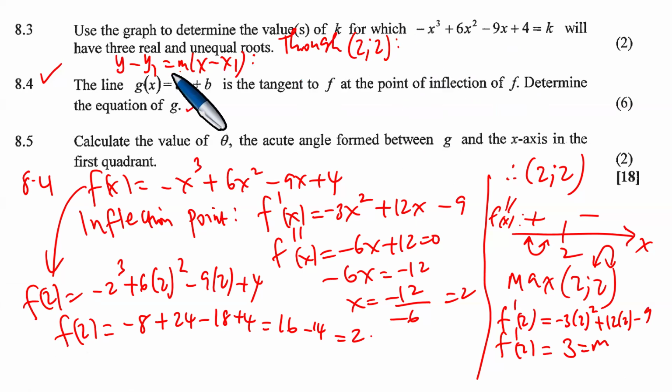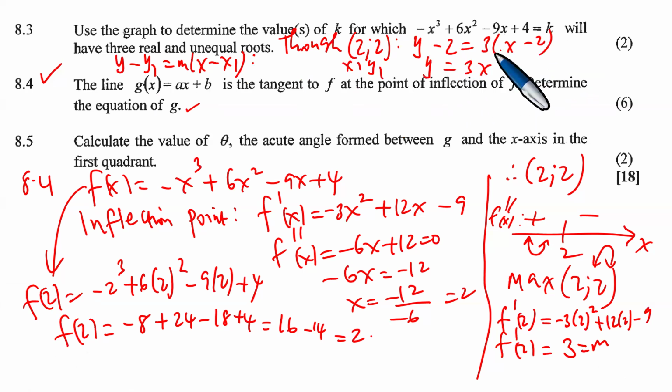So if this one is x1, y1, it's y minus 2. The slope is 3 into x minus 2. y equals 3x minus 6 plus 2, which is minus 4, so 3x minus 4.